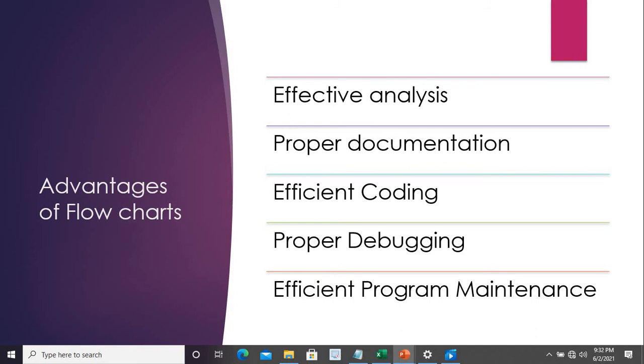Flowcharts are also used in the debugging process. Debugging is nothing but, suppose the program generates any error, those can be easily detected by referring to the flowchart. In which part of the flowchart or in which part of the program the mistake or error is present can be easily analyzed by using flowcharts.